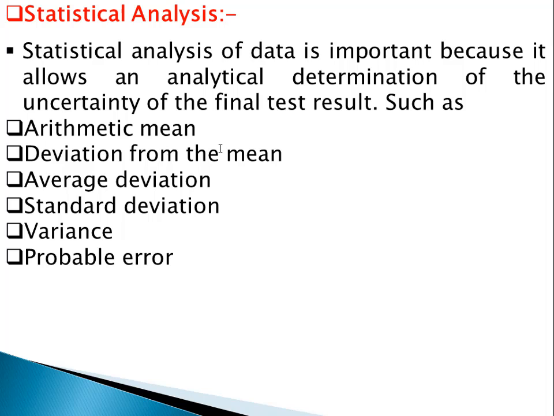Then variance. And the last one is probable error. It's very important to know what these terms are and how they are very helpful in the mathematical calculation. Let us try to understand one by one.